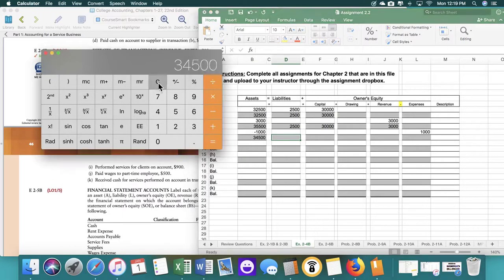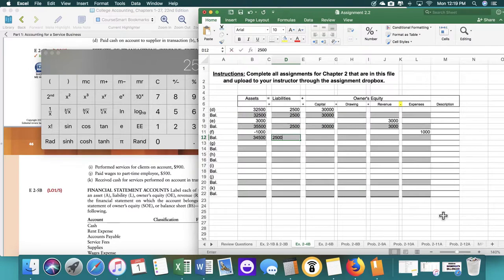And then we're going to do the right side of the equation. We have 2,500, we have 30,000, so we're going to add those two amounts together.